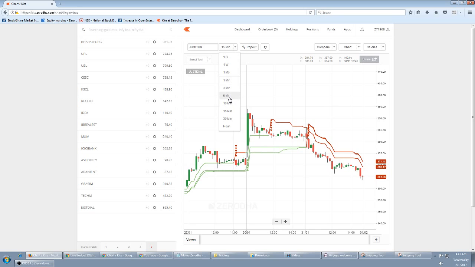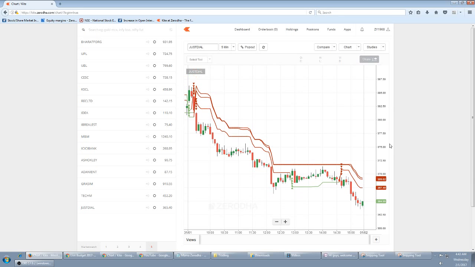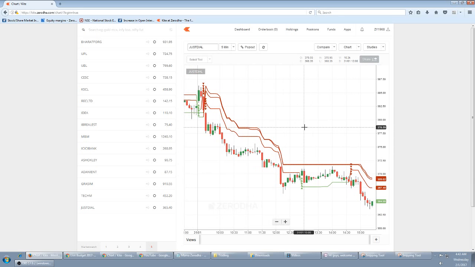So this is how it works, guys. It's very simple. It depends on which time frame you choose, 5, 10 or 15. Choose according to your convenience. Personally, I keep switching the time frames, 5, 10, 15, just to be sure about the direction of the flow and other stuff like that.